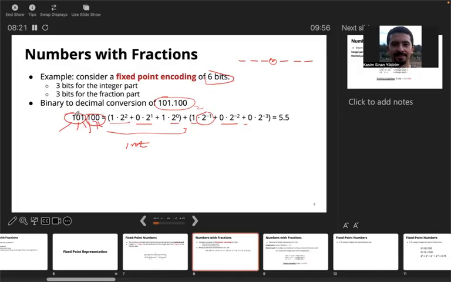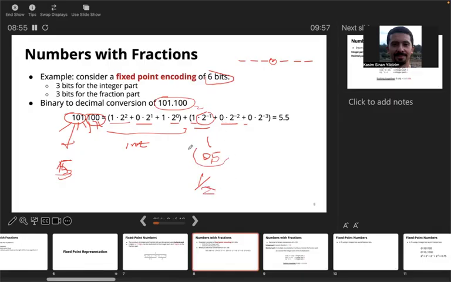So this part, 101, what does it correspond to? It's 5, right? And 0.100 corresponds to 1 multiplied by 2 to the power of minus 1, which is 0.5, right? 2 to the power of minus 1 corresponds to 0.5, or 1 over 2.